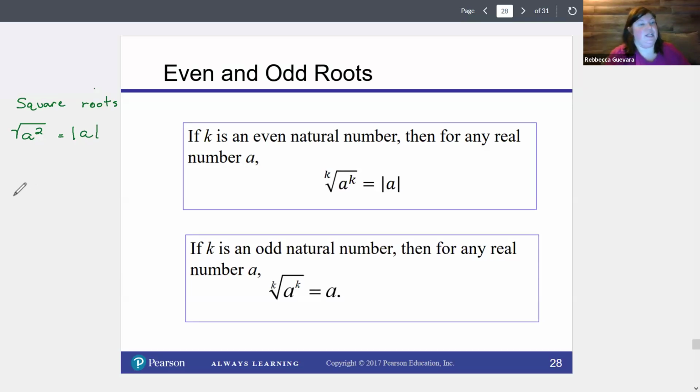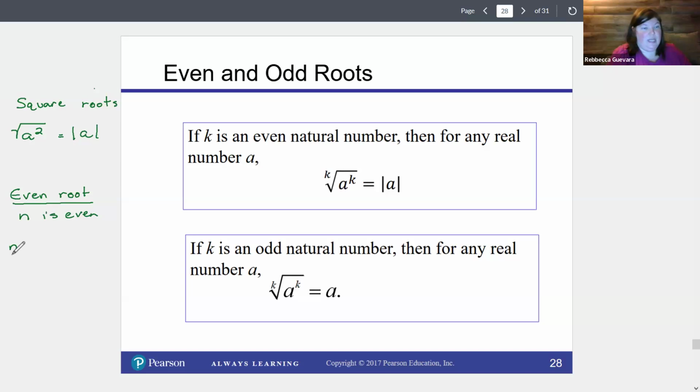So what we see when we look at anything that is an even root, if we have an even root, n is going to be even.